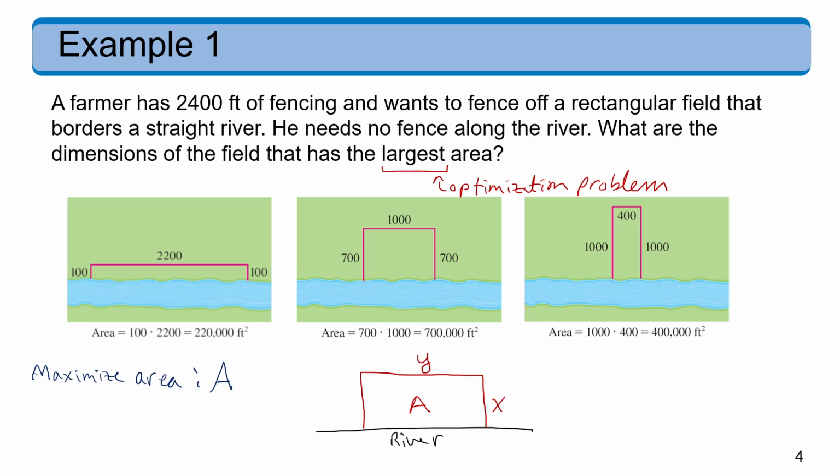Some other variables, you can see we identified them when we made our picture, and it's just the two dimensions, right? So one of them is x, the other y. Okay, so now we'll continue on the next slide with the next step in our problem-solving method.